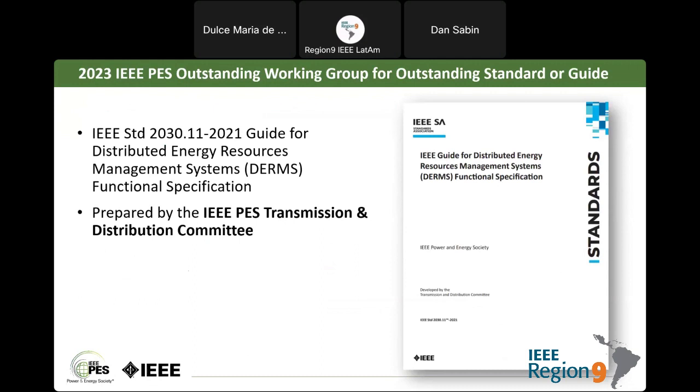Which is a new standard for distributed energy resources management systems, also known as DERMS. This was a functional specification that was developed by a working group that reported directly to the IEEE PES T&D committee, and it was the IEEE PES standard of the year.